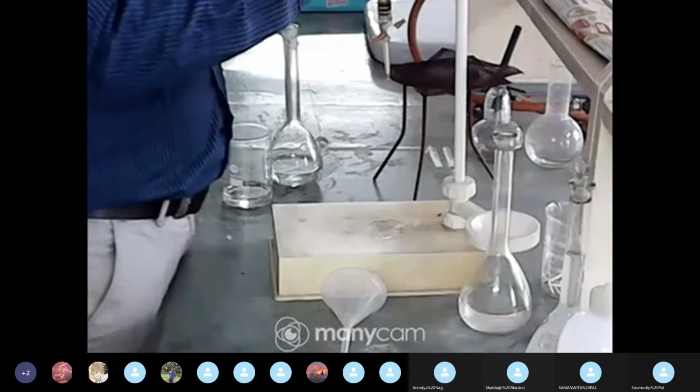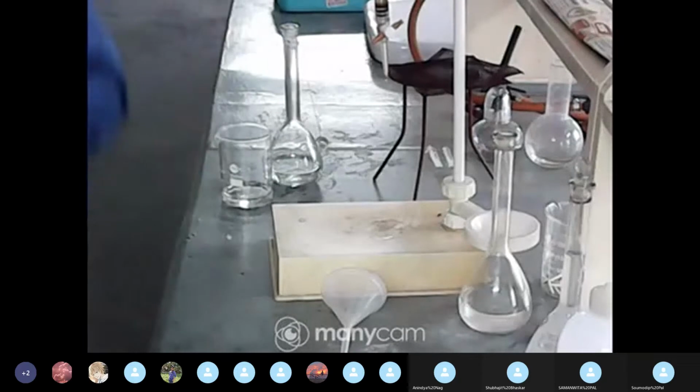Okay, again it is just the same pink color. Okay, so this is the reading. Now time to take the reading. It is 25.